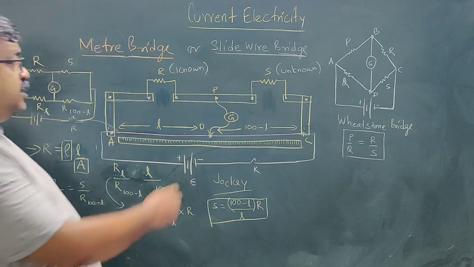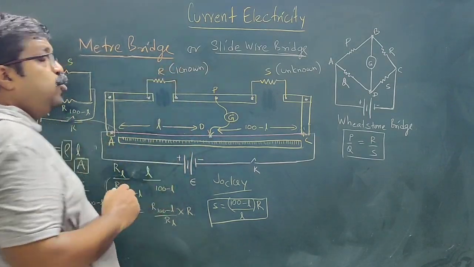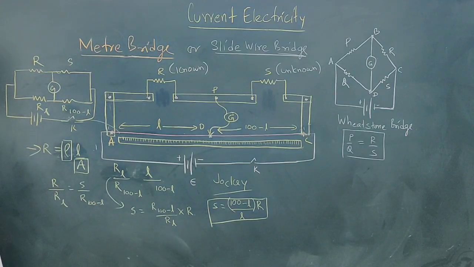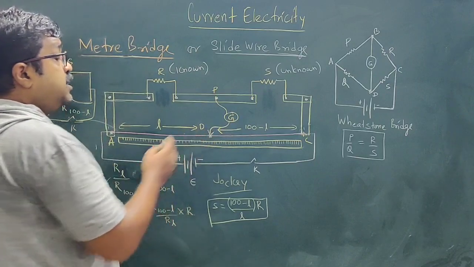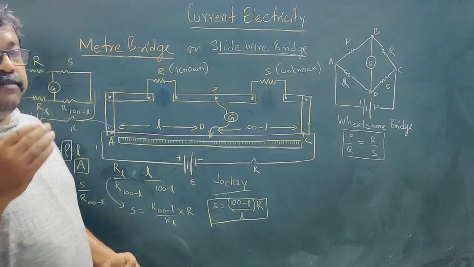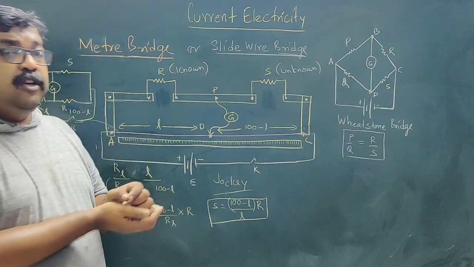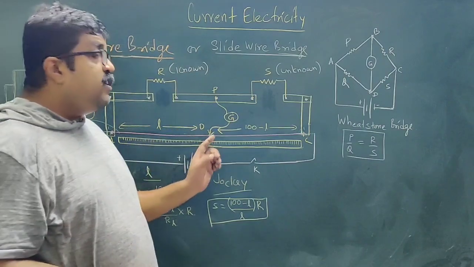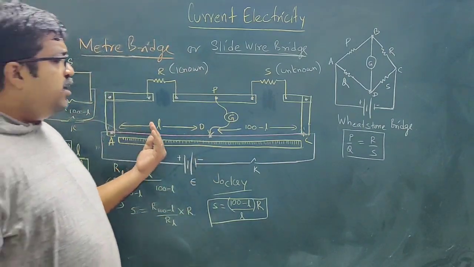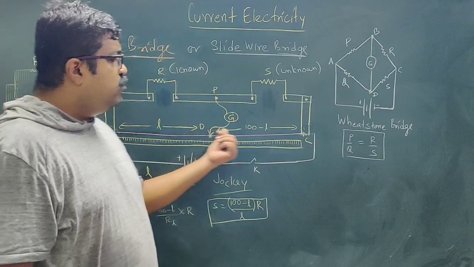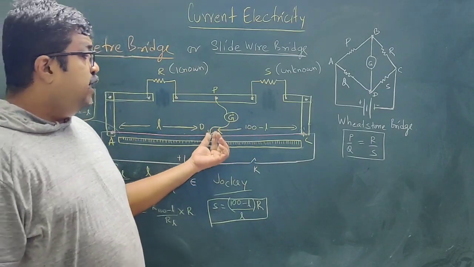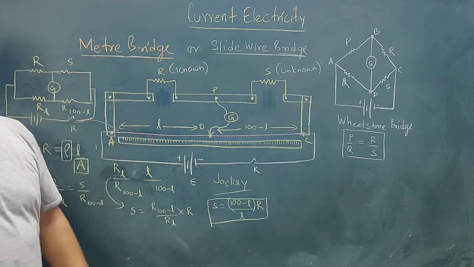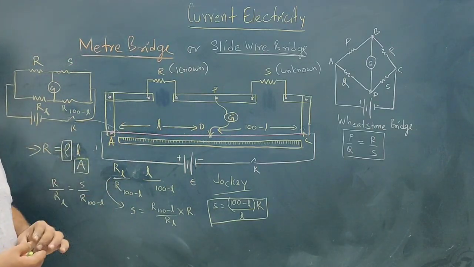How is it adjusted? By adjusting the known resistance, we can obtain the balancing length near the central region. I am not saying that the null deflection should be obtained exactly at 50 centimeter, but in the range of 30 to 60 centimeter, near the central region. By doing that, we can avoid various types of errors in this experiment.